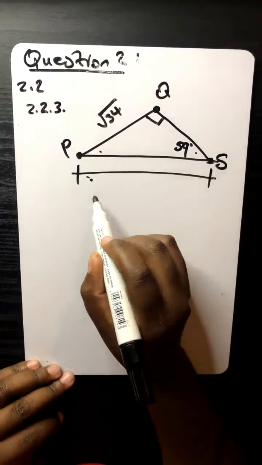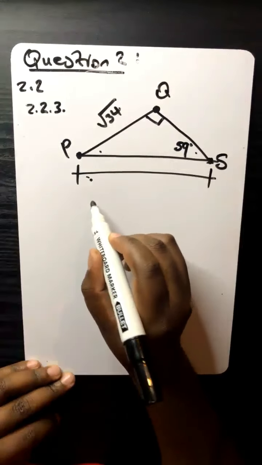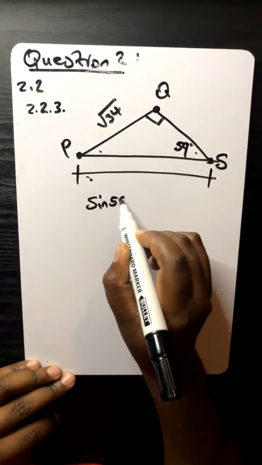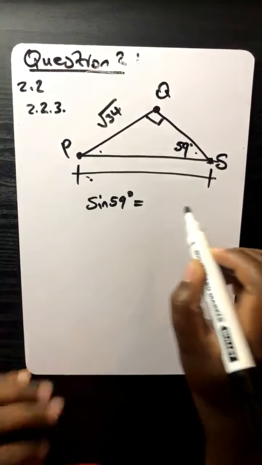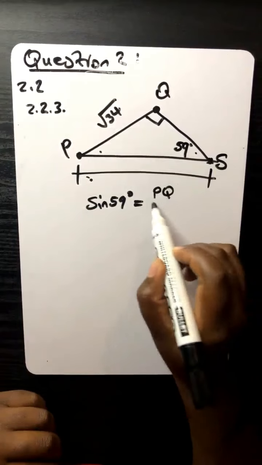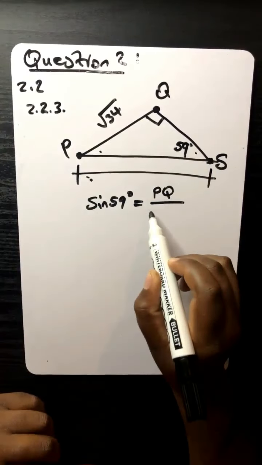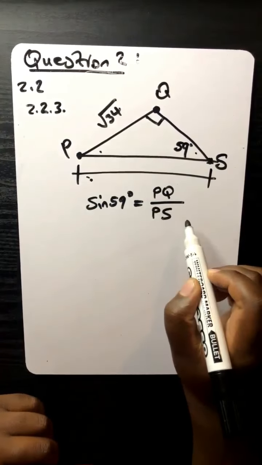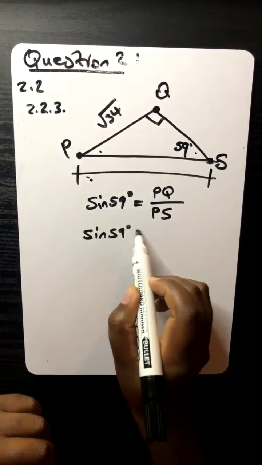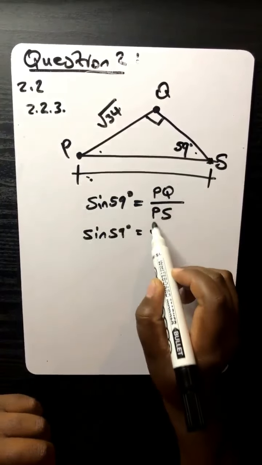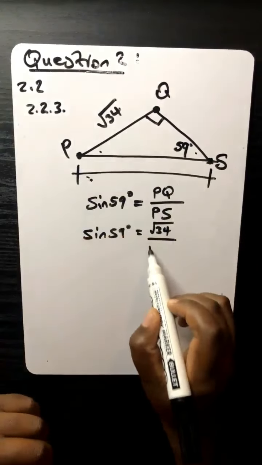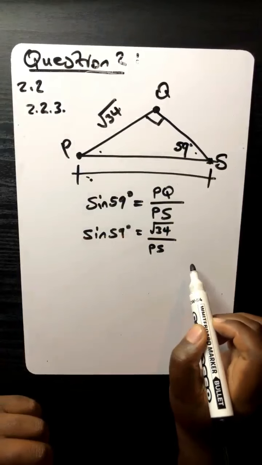Let's see. Sine of 59 degrees, is it not equal to the opposite, being PQ, over the hypotenuse, being PS? So that means sine 59 degrees is equal to, what is that? This is the square root of 34 over what? That's exactly what we are trying to calculate.